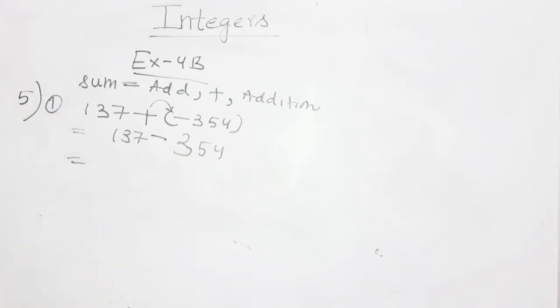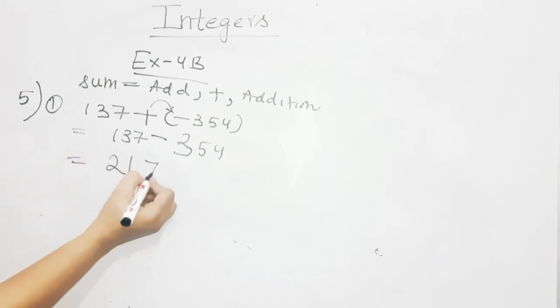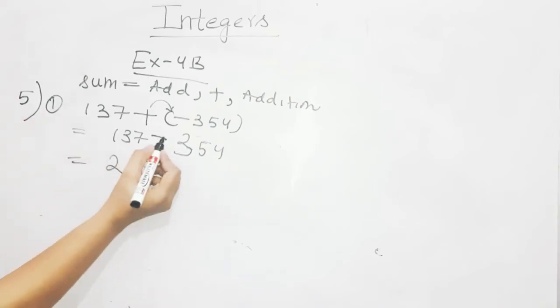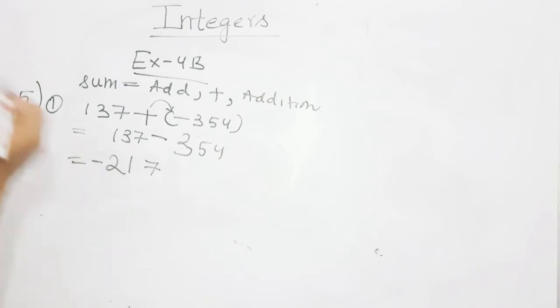One integer is negative, one integer is positive, which means we have to subtract. When you subtract 137 from 354, the answer will be 217, but the sign of the greater number will be used. The greater number has which sign? Negative sign. So minus 217 is the answer.